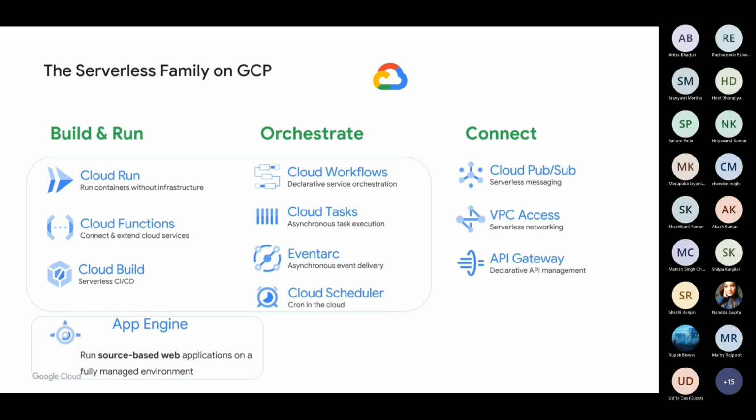And there is Eventarc for asynchronous event delivery, and Cloud Tasks for task execution. This is similar to a cron job, but for task execution. Then for connectivity, we have Cloud Pub/Sub, then VPC access and API Gateway. And App Engine is like a hybrid system. Next.